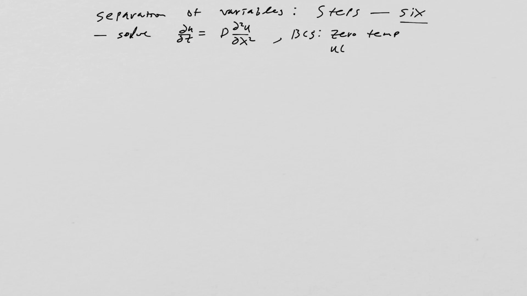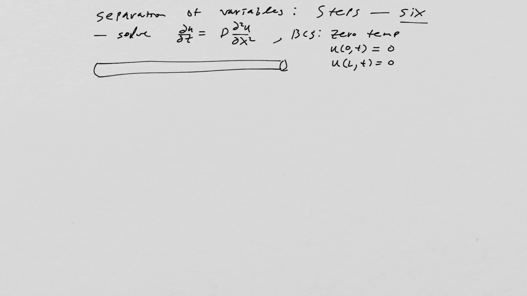So U of 0 comma T is going to equal 0, and U of L comma T is going to equal 0. So here we have a bar, like a rod that starts at 0 and goes up to capital L, and we want to figure out what to do there.